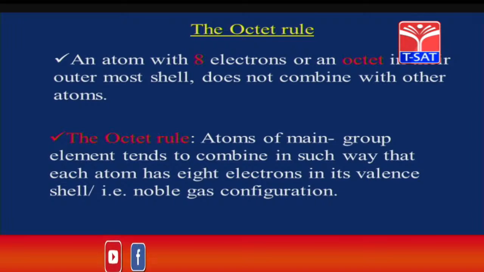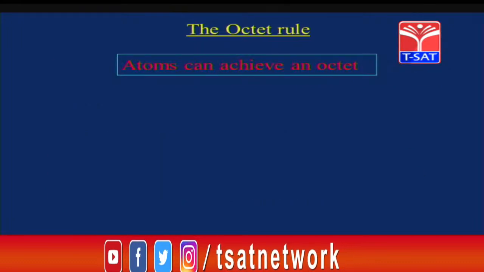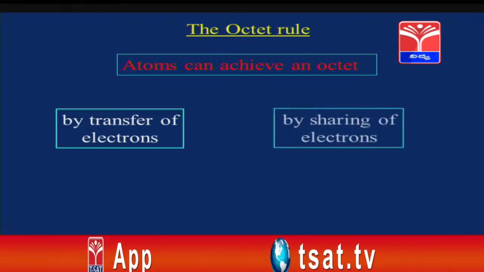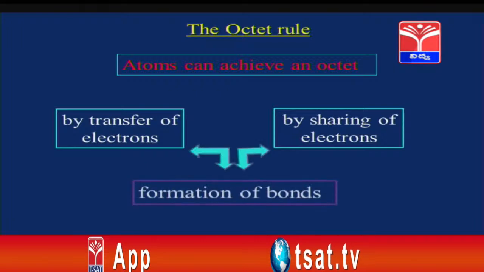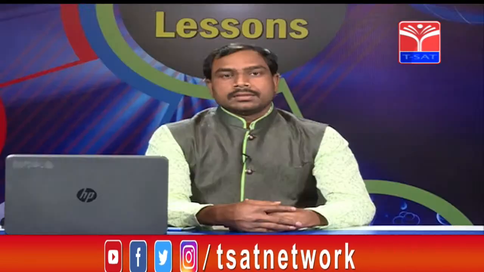The presence of 8 electrons in the outermost shell is known as noble gas configuration. Atoms can achieve an octet by transfer of electrons and also by sharing of electrons. By transfer of electrons or by sharing of electrons, formation of bonds will take place.